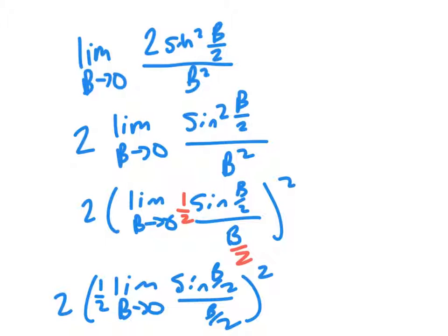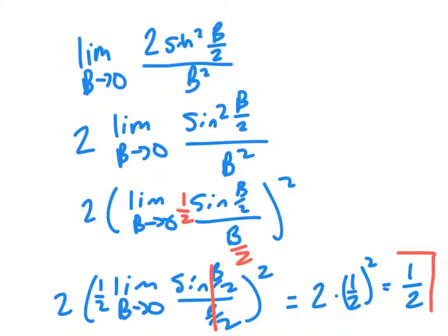We know this thing turns into a 1, the value of the limit. So I have 2 times 1/2 squared, which is 2 times 1/4, which is 1/2. So for this particular limit, that weird indeterminate form 0 over 0 has a value of 1/2.